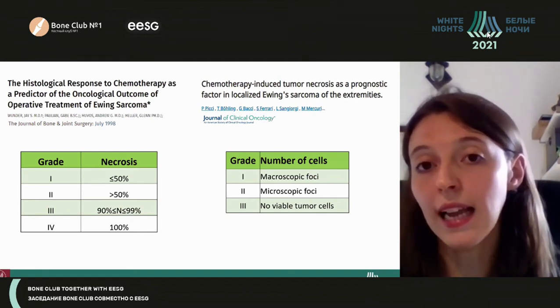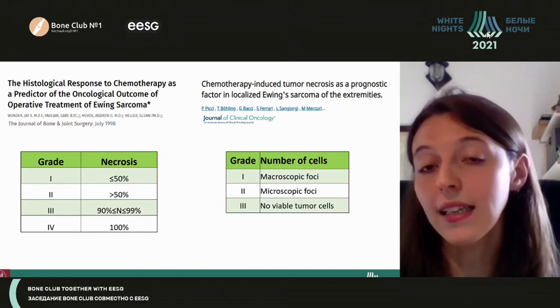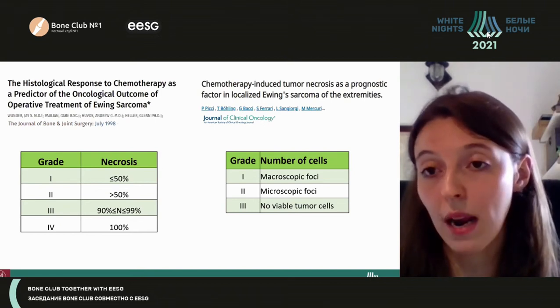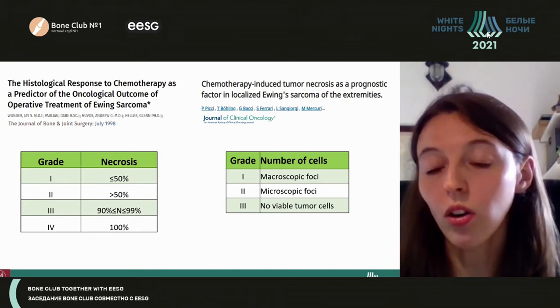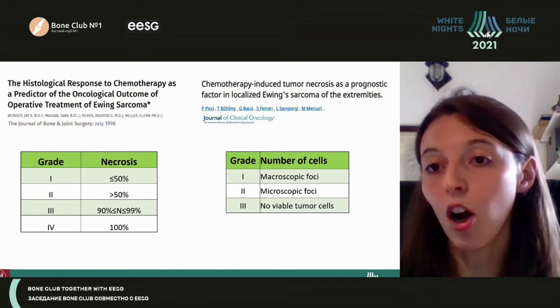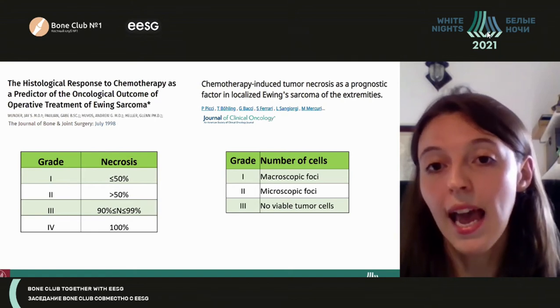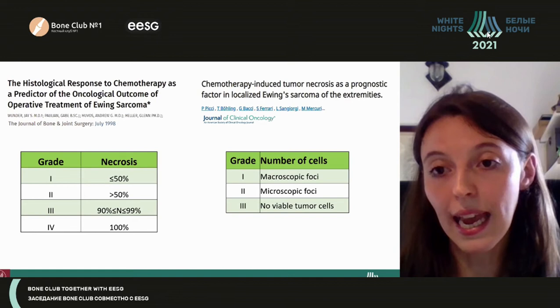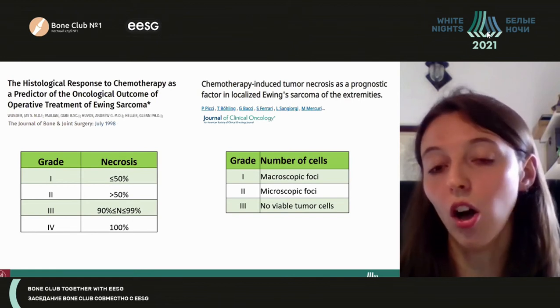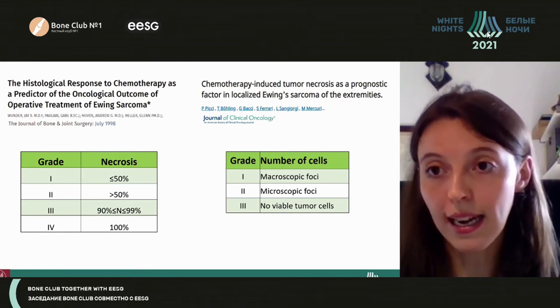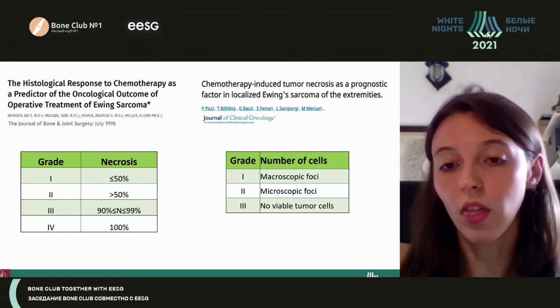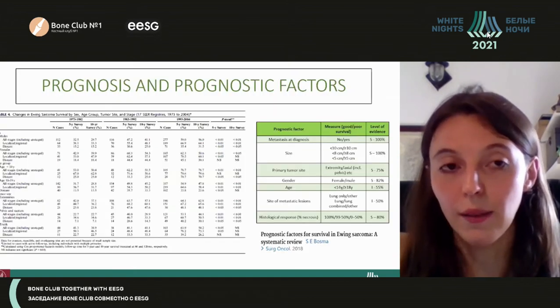The other score instead is used for localized Ewing sarcoma of the extremities. This time we consider the number of residual tumor cells, and we have a 3-grade scale with grade 1 with a lot of residual tumor cells and grade 3 with no viable tumor cells.